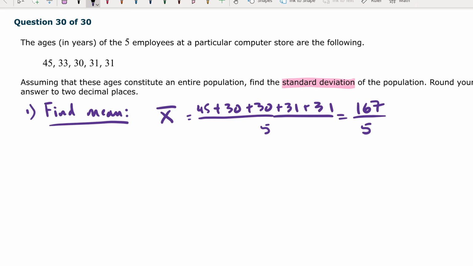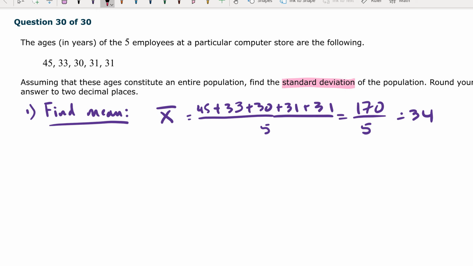Let me try again. I see my mistake. That will be 33 in one of them, and 31. So the sum is 170. 170 divided by 5 gives us 34. So step 1, we find the mean.